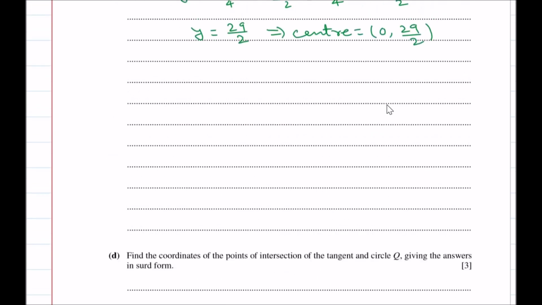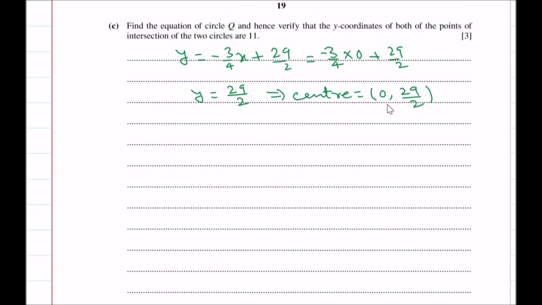So let us write that: radius equal to 5 by 2 root 5. Okay, so now put in the formula. So x minus a whole square.